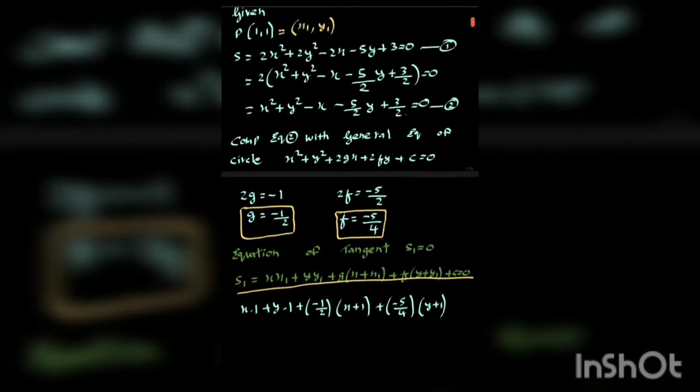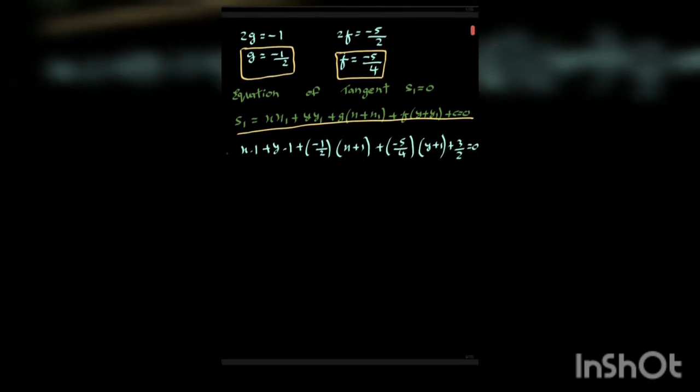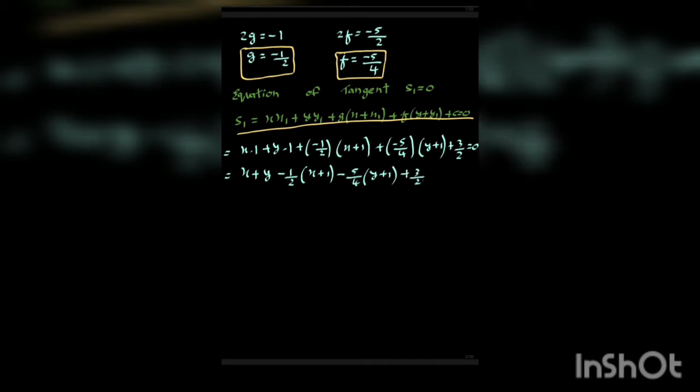That is 3/2. So plus 3/2 = 0. So x + y - 1/2(x + 1) - 5/4(y + 1) + 3/2 = 0.